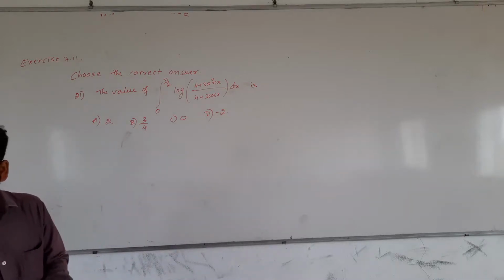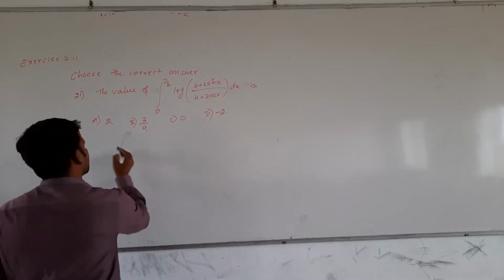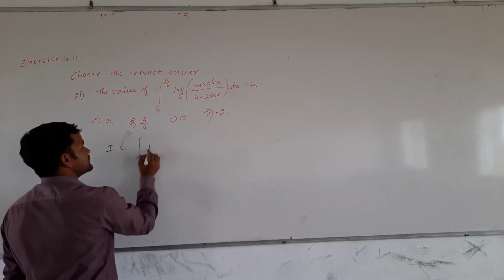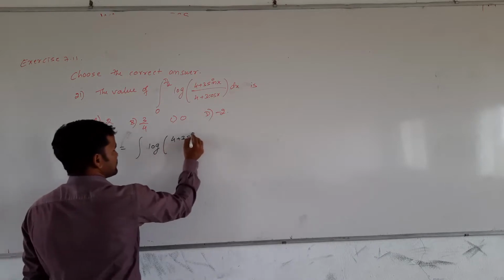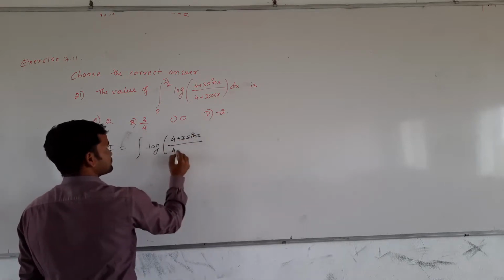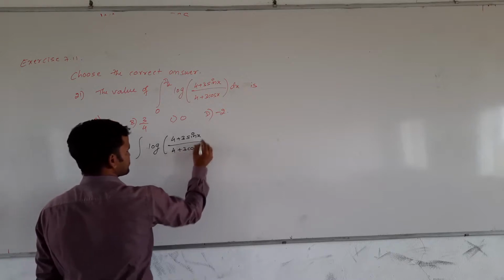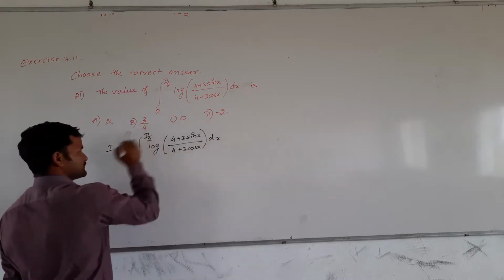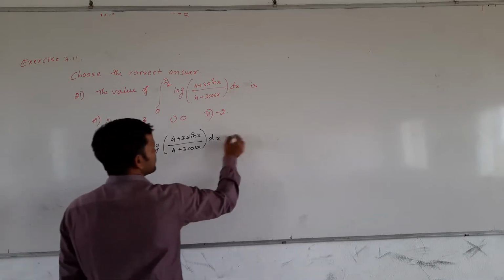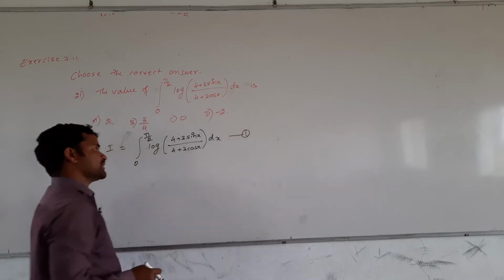Yes. Now, I take I is equal to the integration of log of (4 plus 3 sin x) by (4 plus 3 cos x) into dx from 0 to pi by 2. Let us take this as equation 1.